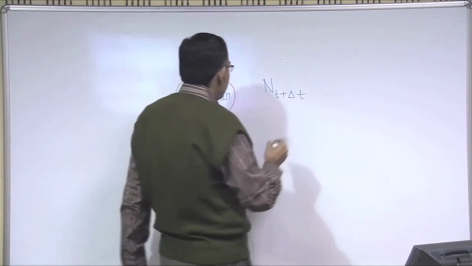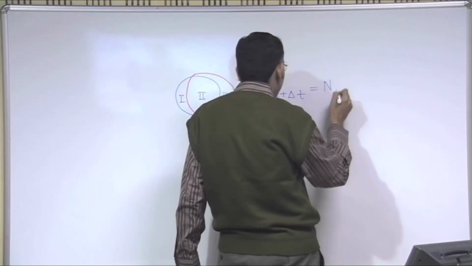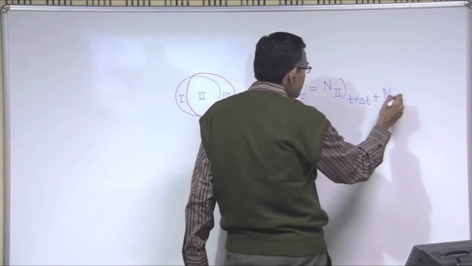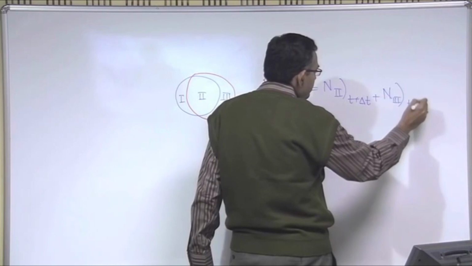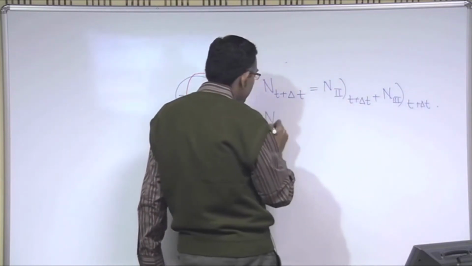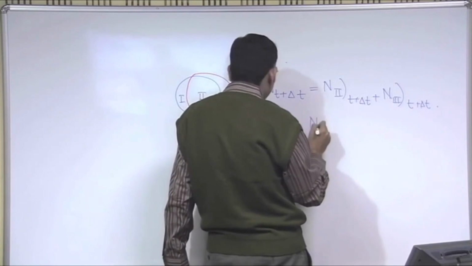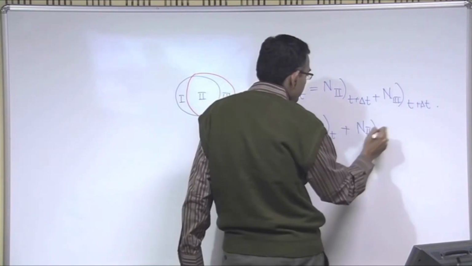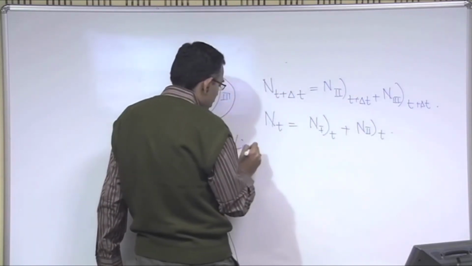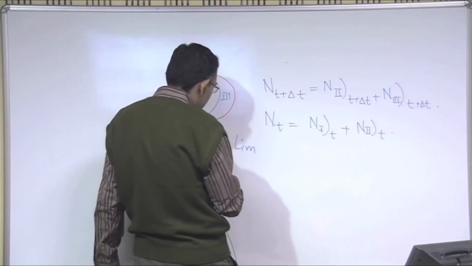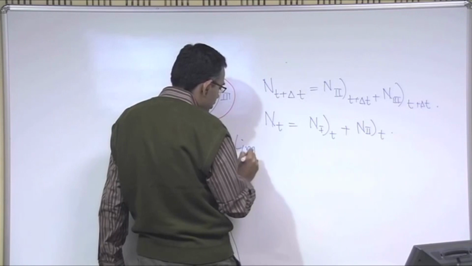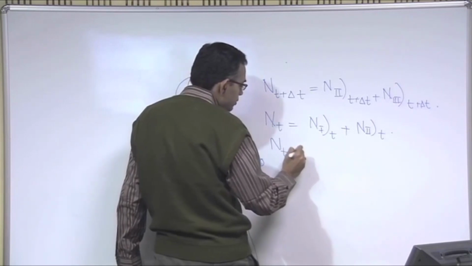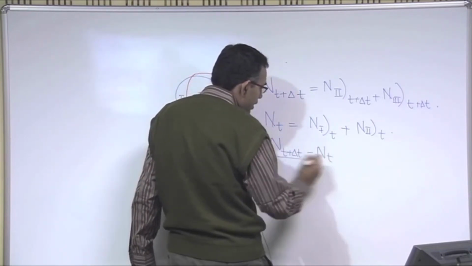So, N at t plus delta t is N2 at t plus delta t plus N3 at t plus delta t, and N at t is N1 at t plus N2 at t. So, our calculation is dN/dt, that is the limit as delta t tends to 0 of N(t plus delta t) minus N(t) by delta t.